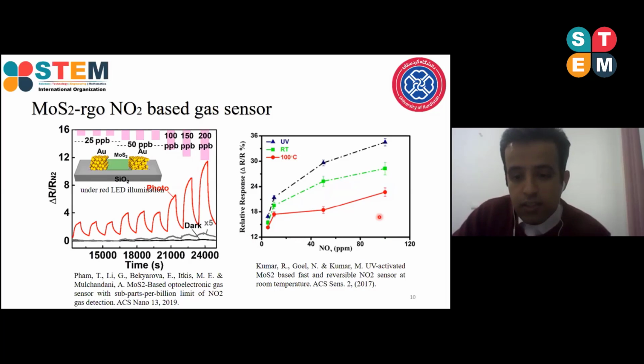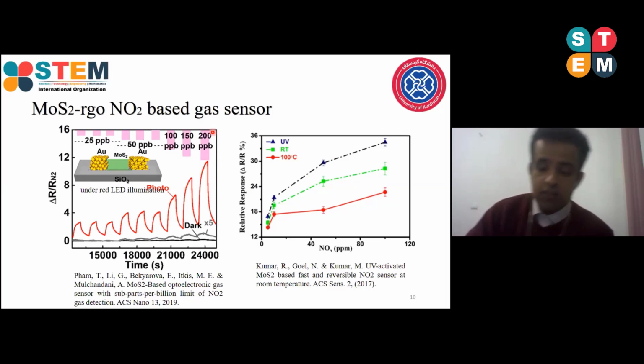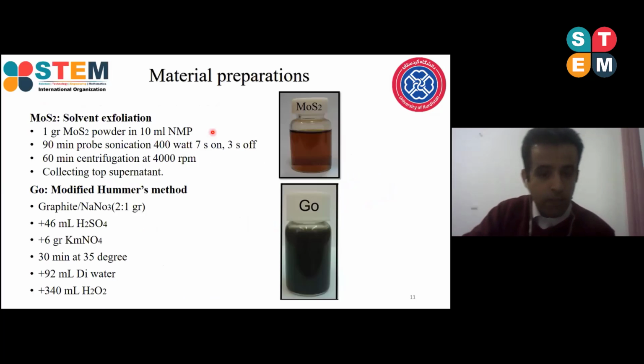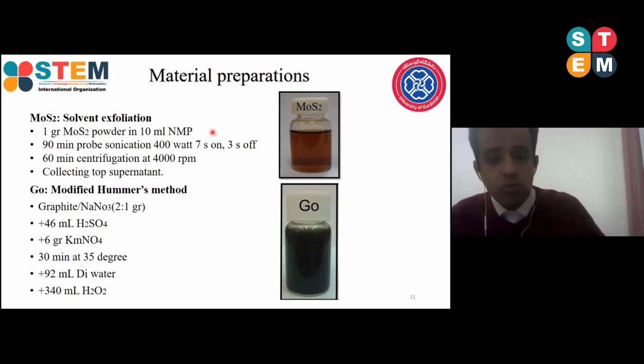And in another report on molybdenum disulfide under UV illumination, we can see that we have a higher sensitivity compared with room temperature, or even compared with the 100 Celsius operating temperature. So it's an interesting suggestion for fabricating a new sensor.